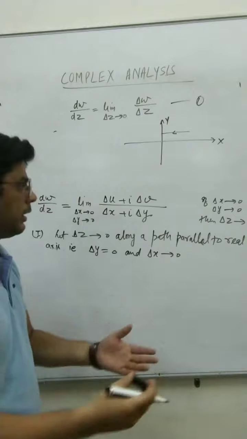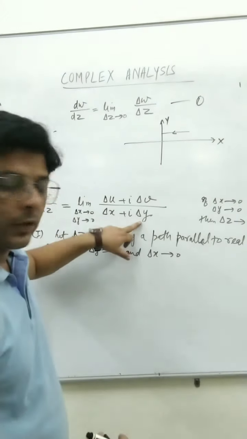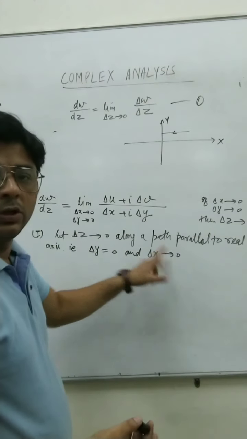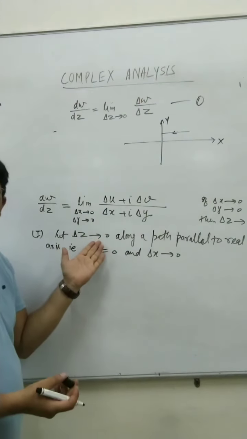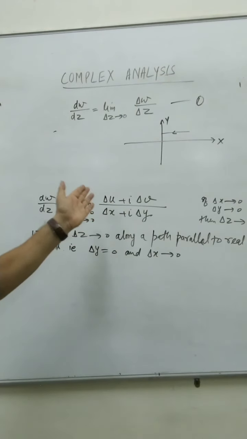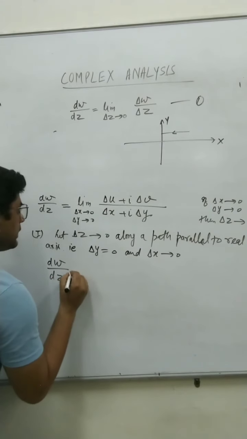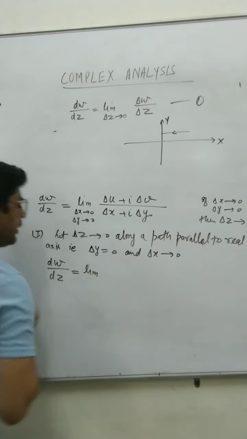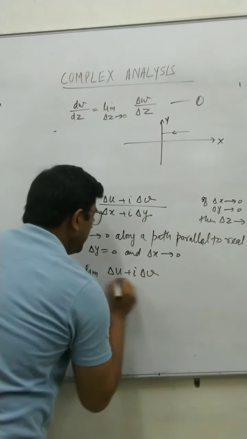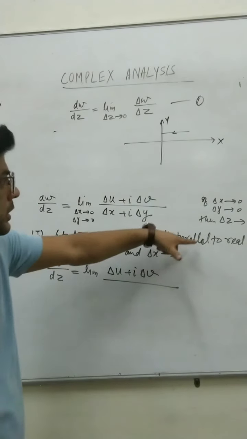Again, delta z is equal to delta x plus i delta y. Delta y is 0, but delta x is not 0, delta x tends to 0. So we can say that delta z tends to 0. We are putting these values in this definition of limit. So we have dw upon dz equal to the limit, where the numerator is delta u plus i delta v, and delta y is 0 when we move along this direction.